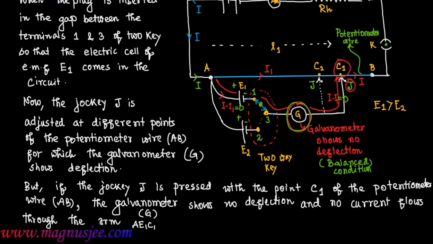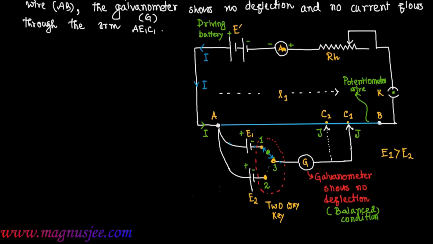Now we can denote the potential at the point A as VA.